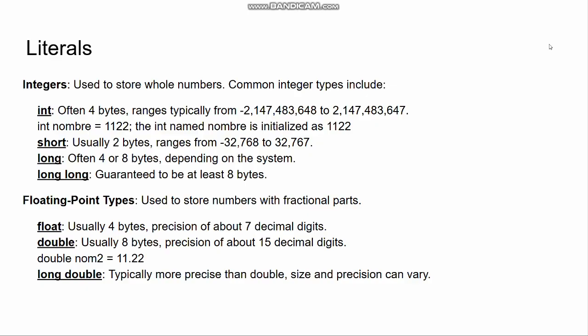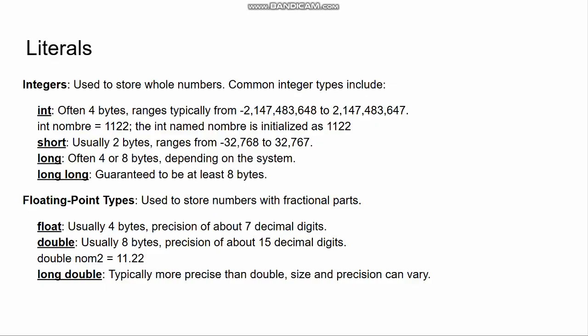Long is longer than int and takes 8 bytes. Long long is longer than long and takes up over 8 bytes. Floats, doubles, and long doubles are basically integers, but with decimals. That is the only difference.